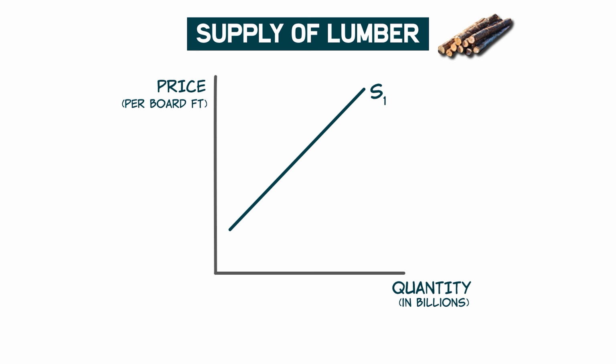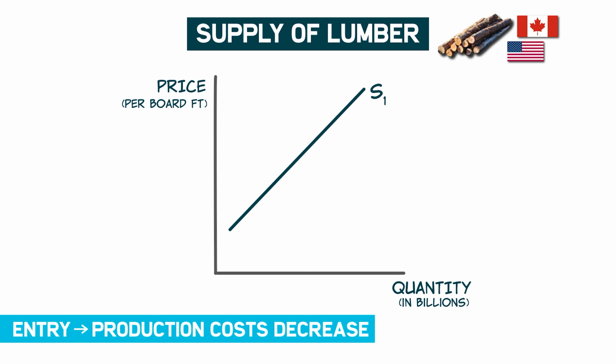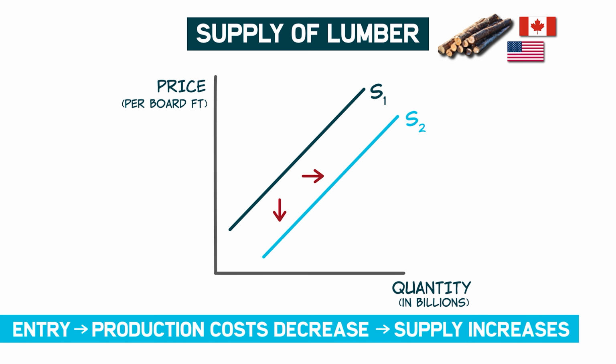Entry implies more sellers in the market, which increases supply. Here's the US supply curve with just American producers of lumber. When Canadian producers enter the market, there are more suppliers of lumber, and therefore there's a greater quantity supplied at every price. Or, equivalently, some of the Canadian suppliers will have lower costs than their American counterparts.